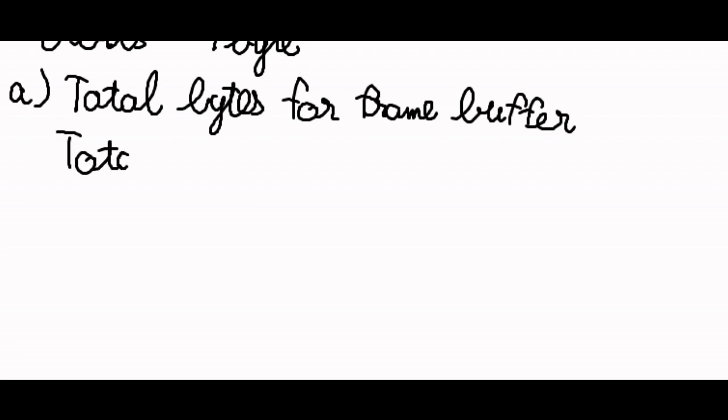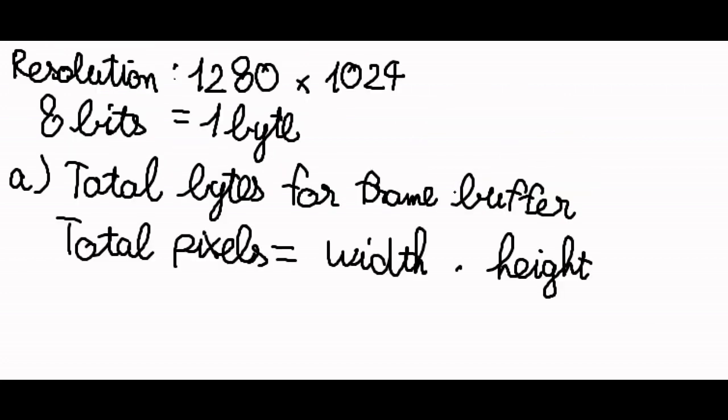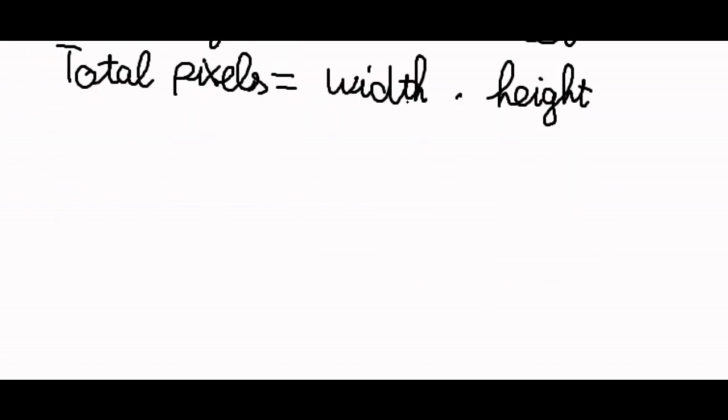Now the total pixels is equal to the width of the screen multiplied by the height of the screen. The width and the height we already know from the resolution. The height is 1280 and the width is 1024. And let's substitute that in.